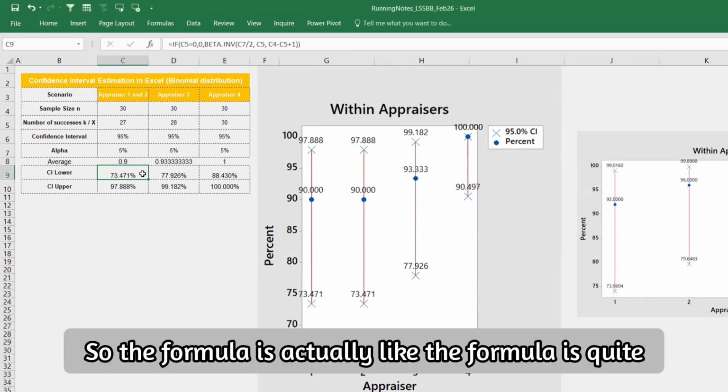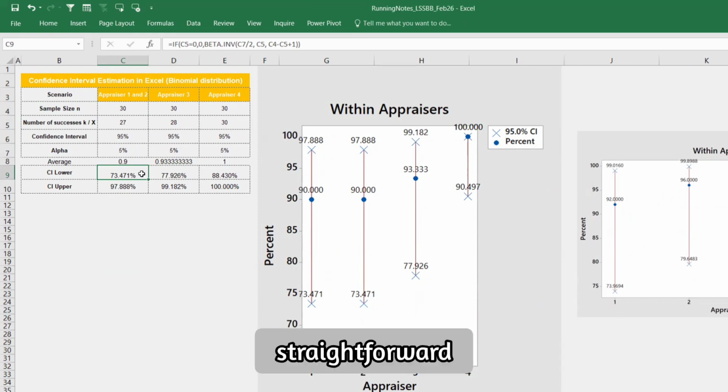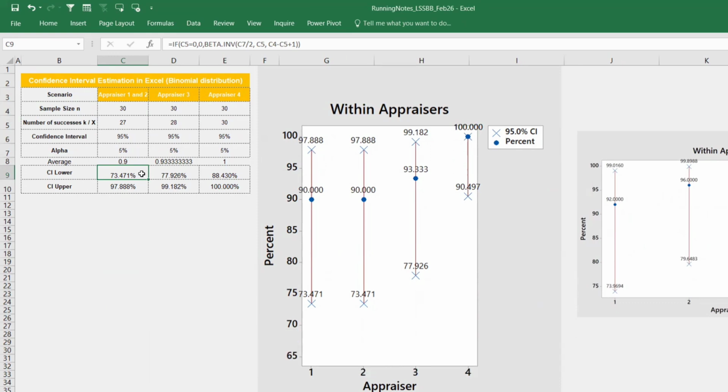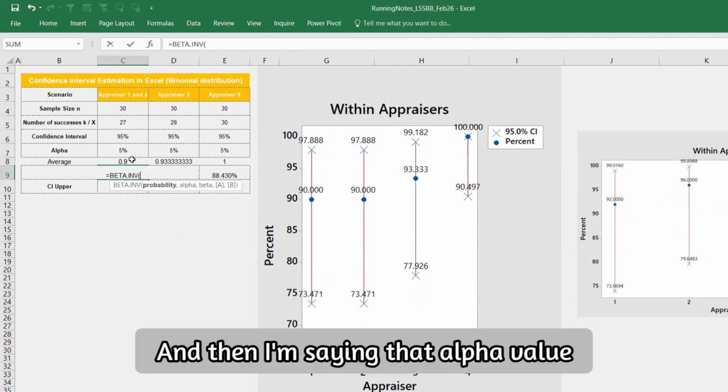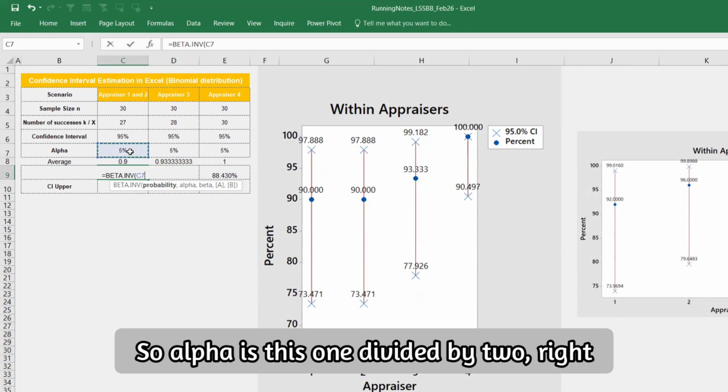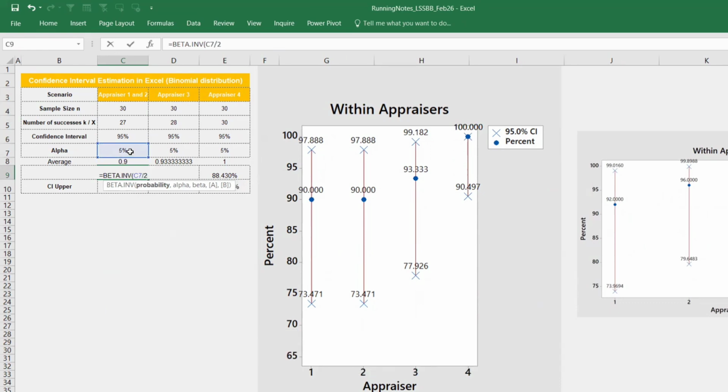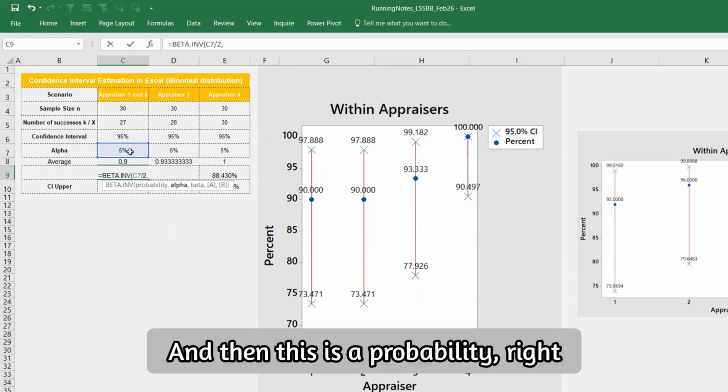The formula is quite straightforward. Let me start with BETA.INV, and then I'm saying the alpha value. So alpha divided by 2, which is a standard formula, and then this is a probability.